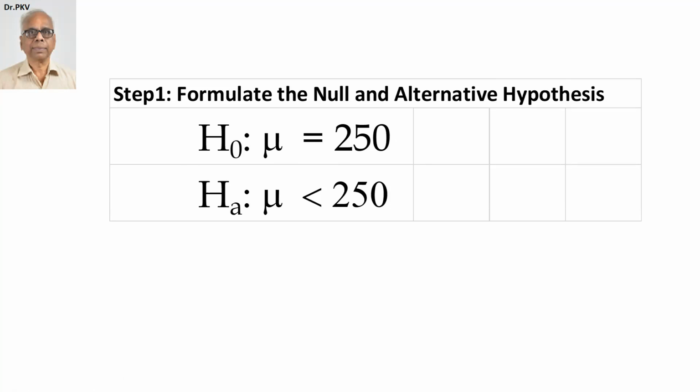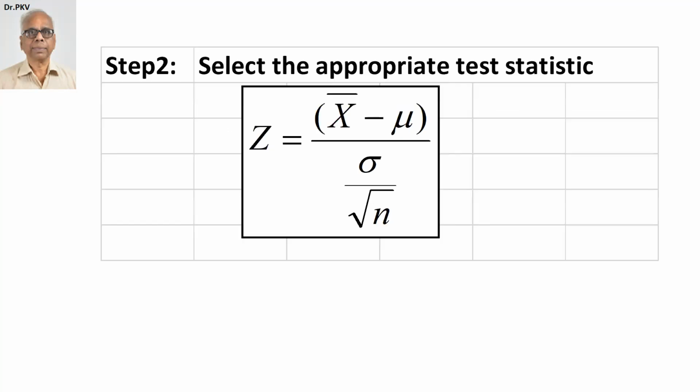We need to use the second step, which is to select the appropriate test statistic. We use Z stat here: Z equals X bar minus mu divided by sigma upon root n. X bar is the sample statistic, in this case the sample mean.